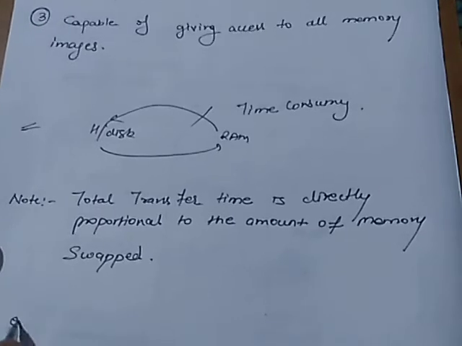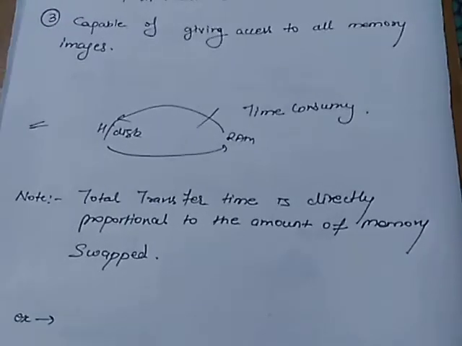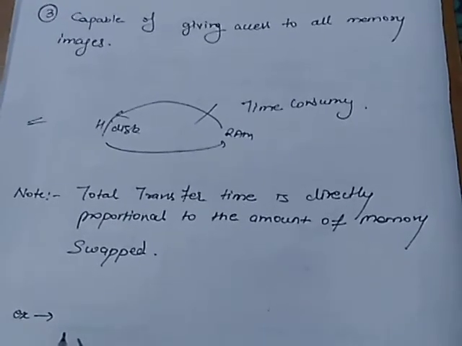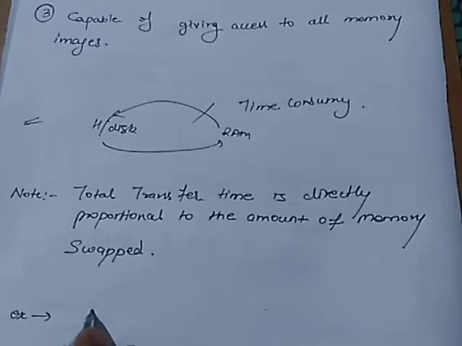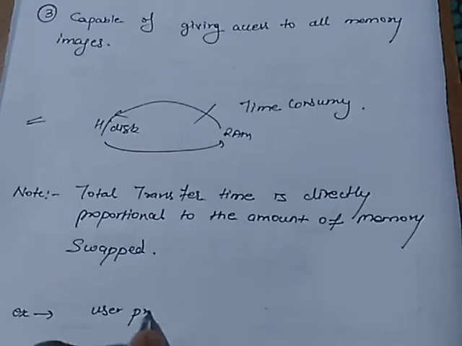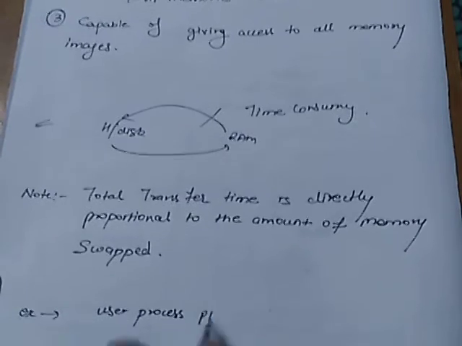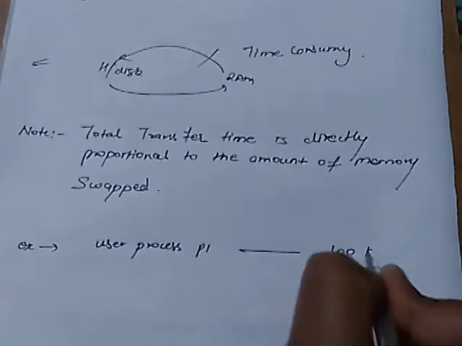So let us take an example. In this example we have a user process P1 and its size is 100 KB.